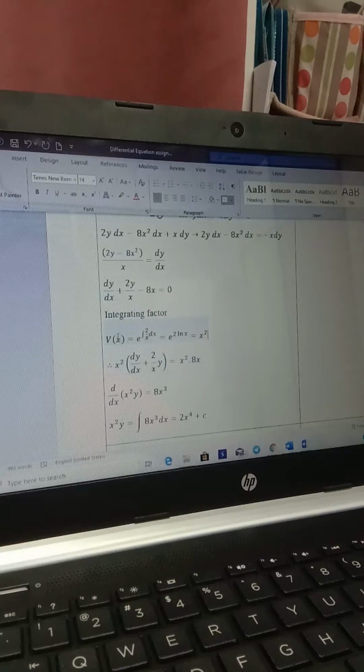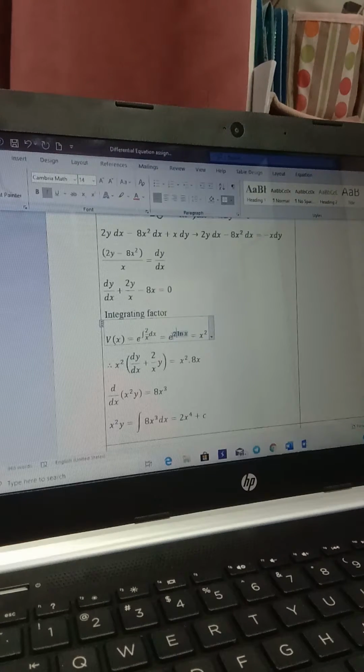So for the integrating factor, we take the exponent of the integral of 2 over x dx, and as I said, integrating 1 over x, we will get ln x. So after that we will get e to the power of 2 ln x.